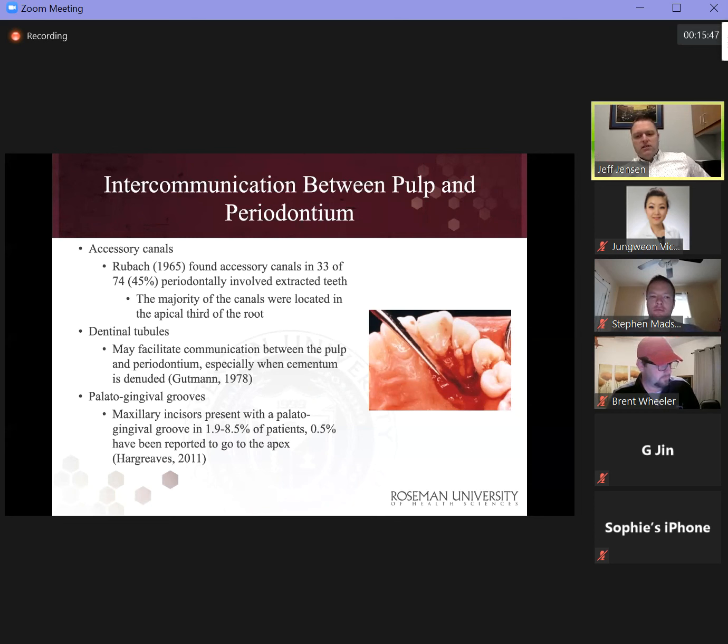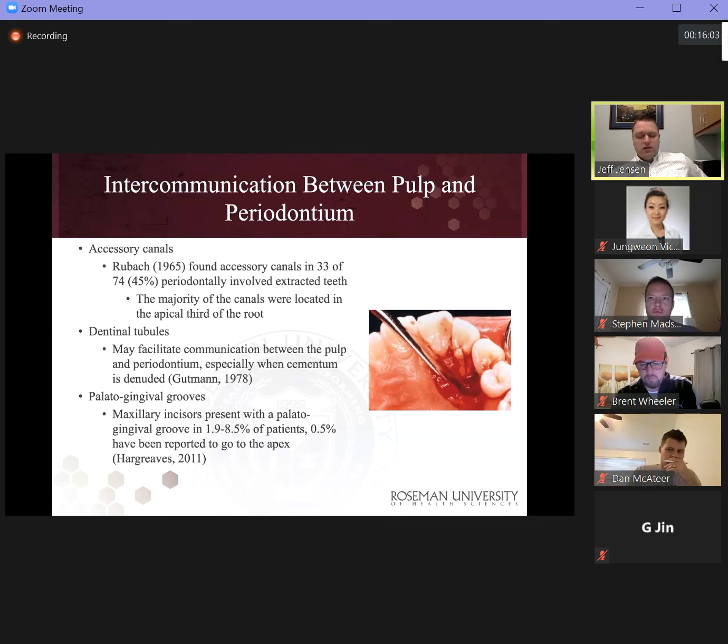And that can cause an issue because, number one, it can become difficult to clean. And you can have calculus and bacteria kind of aggregate there and move down the tooth, almost like a furcation, where it's just kind of hard to cover or clean. And as you see here, a small percent of patients actually had that groove going to the apex of the tooth.